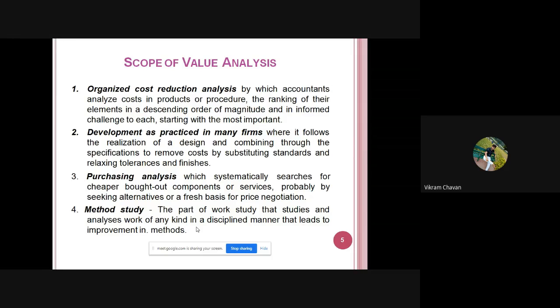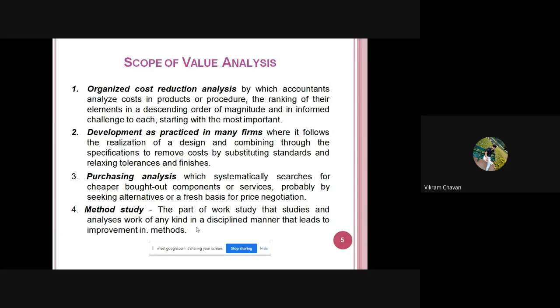So if you are performing this task, what benefits will you get, or how does this concept impact different sectors? If you apply this technique of value analysis, which benefits will the industry get?